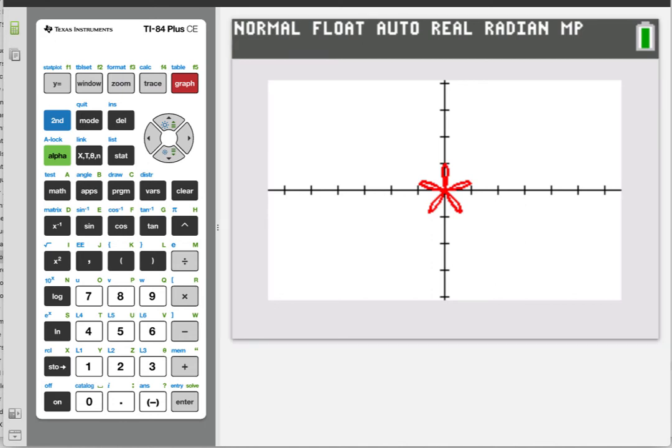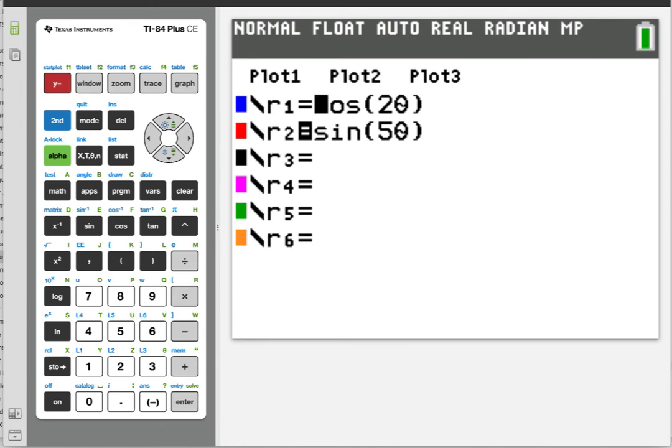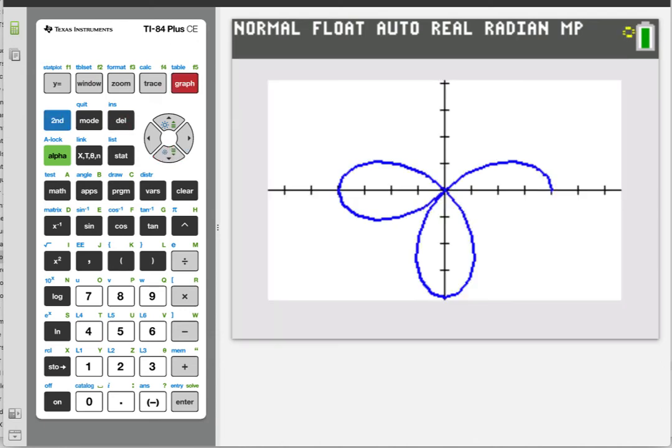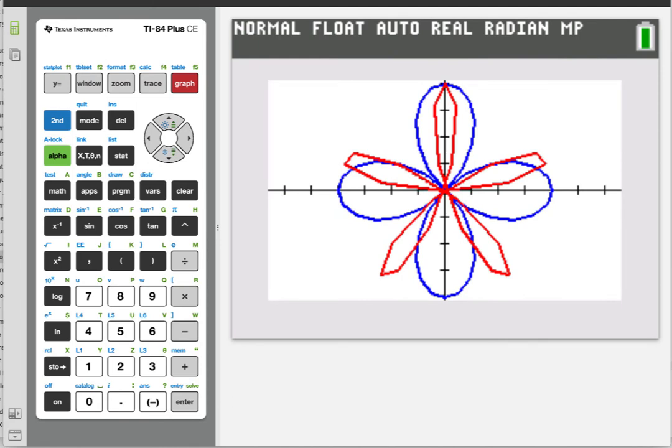If I go back to y equals, and turn that graph on, and in fact, let me increase the radius here. I'm going to insert a 4 in front of both of these, just so I can make those leaves a little bit longer. The red one is 4 sine theta. We can see the petals just begin at a different place as theta varies around the graph.